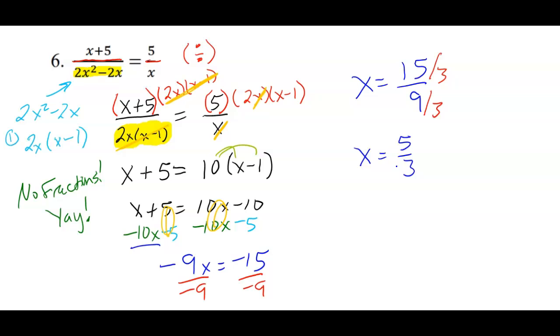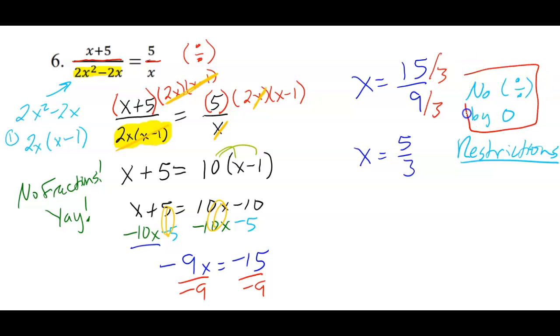Something that you also need to do on these is check for restrictions. Because I have variables running around in the denominator, I know I cannot have division by 0.